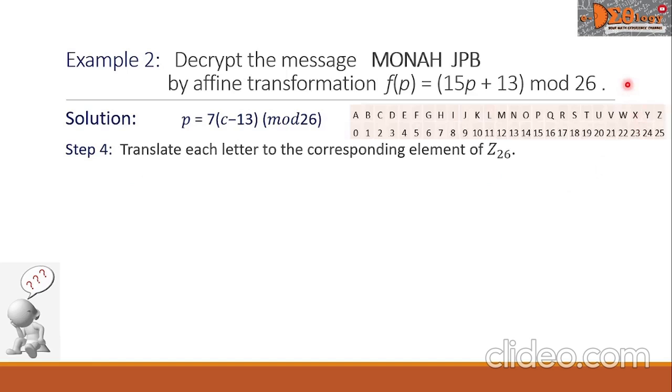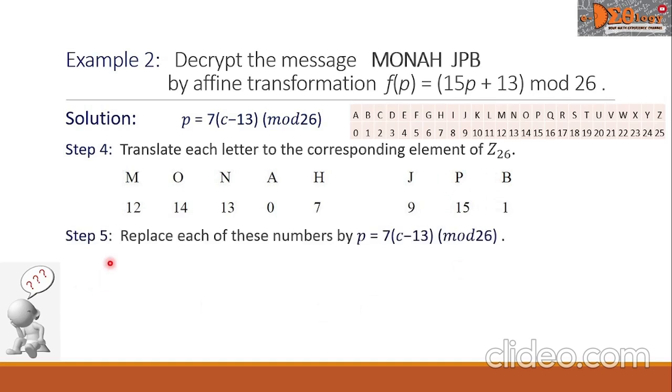We're going to use our alphanumeric table. The message is given as this. Now, the corresponding numbers for each of the letters are here. 12 for M, 14 for O, 13 for N, 0 for A, 7 for H, 9 for J, 15 for P, 1 for B.